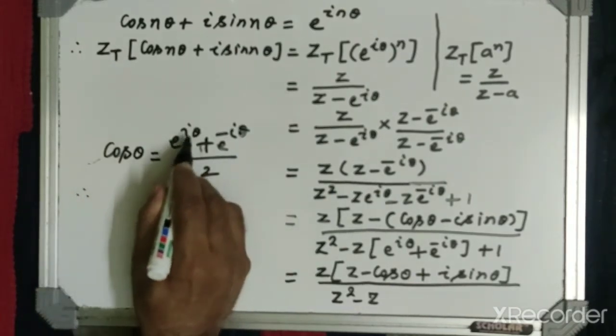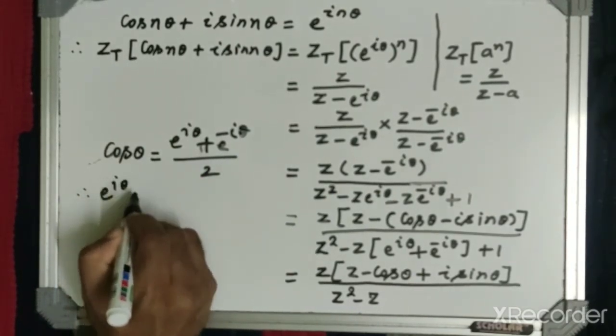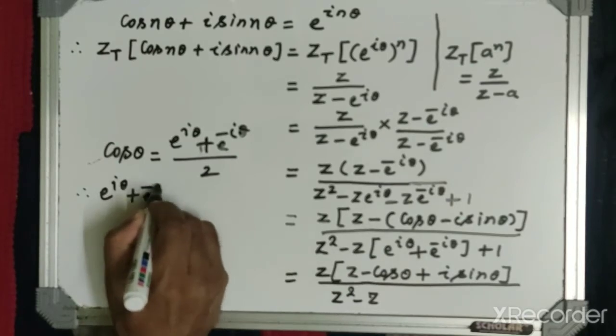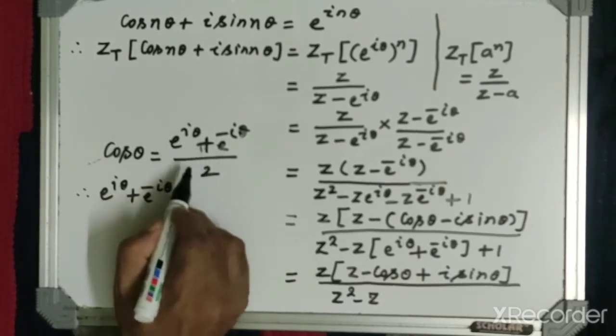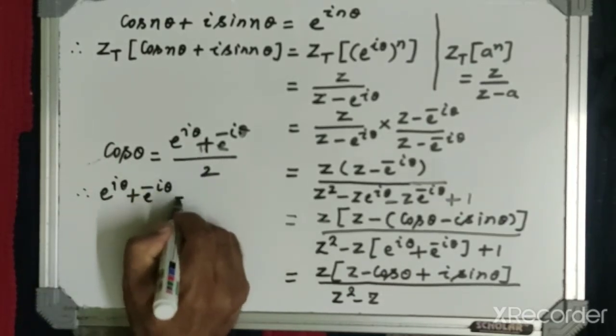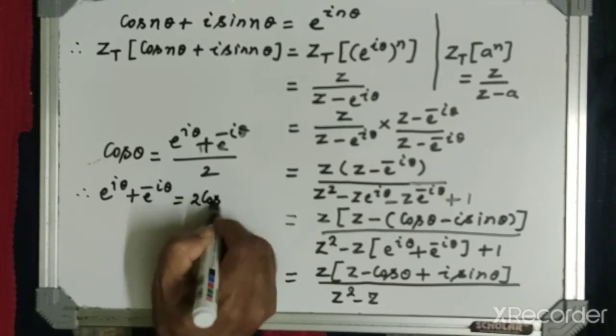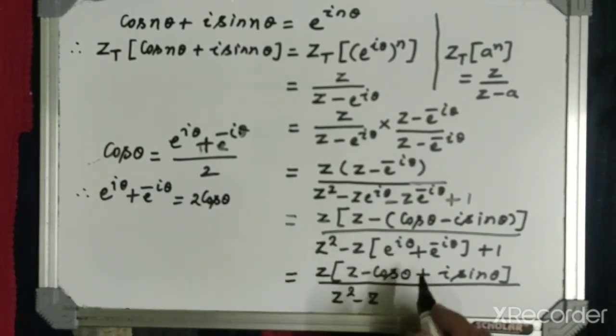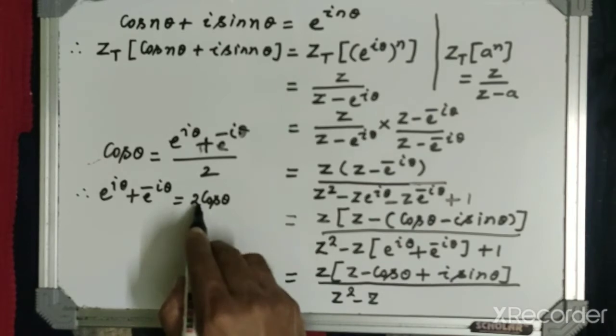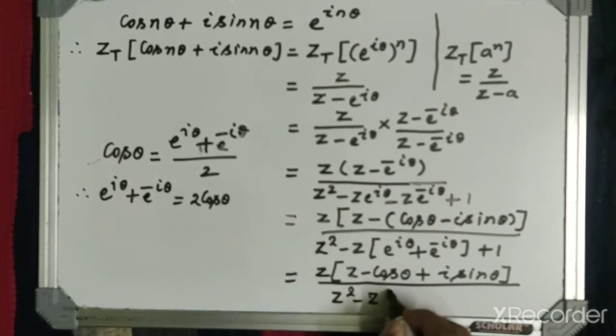Therefore e power i theta plus e power minus i theta equals 2 cos theta. So in place of e power i theta plus e power minus i theta we can write 2 cos theta, plus 1.